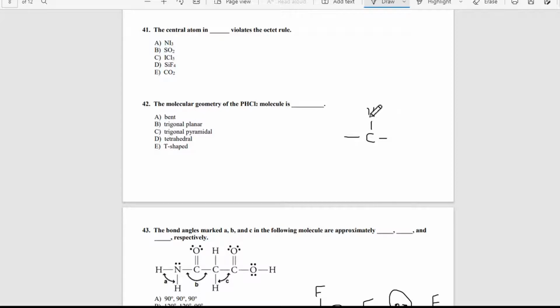Let's say we had something like CHCl3. Yeah, like that. And actually, let's make it even more interesting. Let's say it's CH2Cl2, so dichloromethane. Would this be polar or nonpolar?